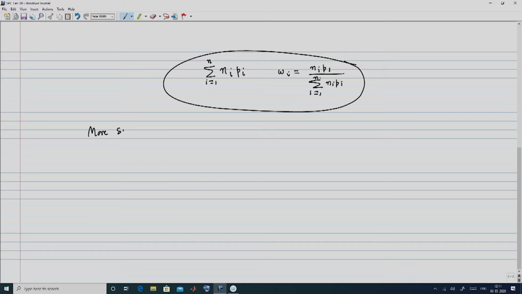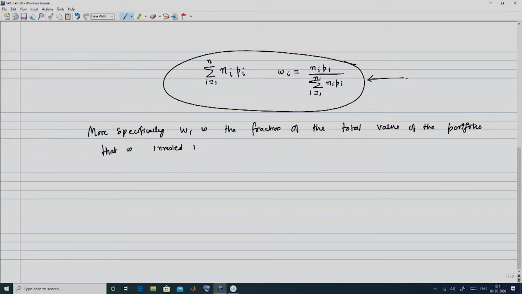So, more specifically, if I can now view weights in the paradigm of this formulation, W i is the fraction of the total value of the portfolio that is invested in security i.